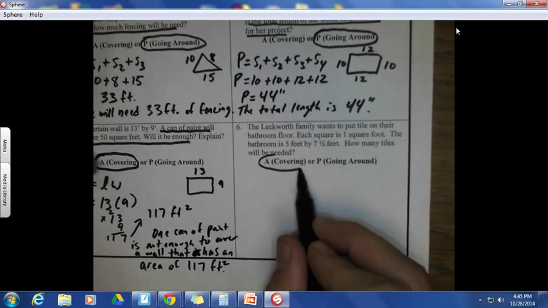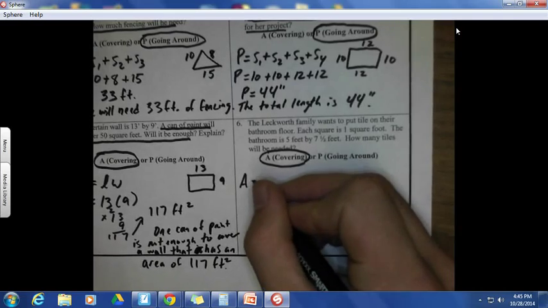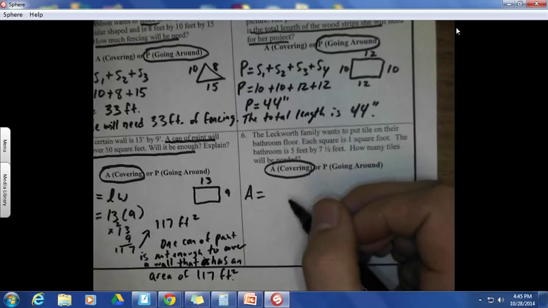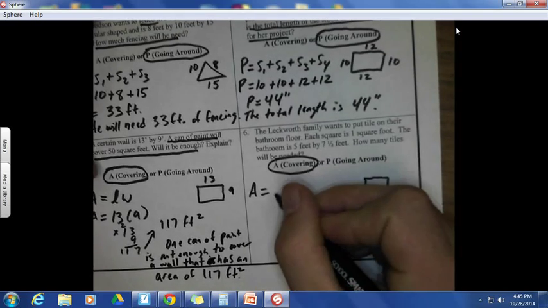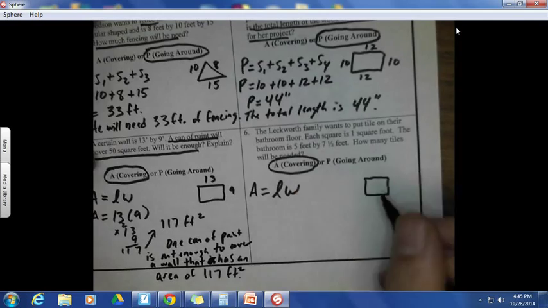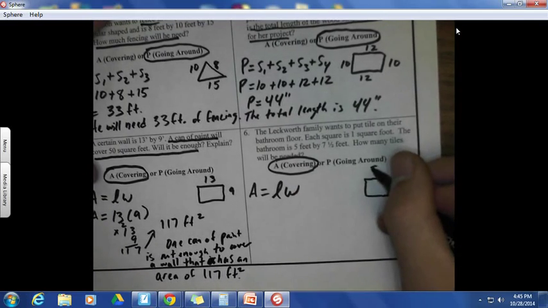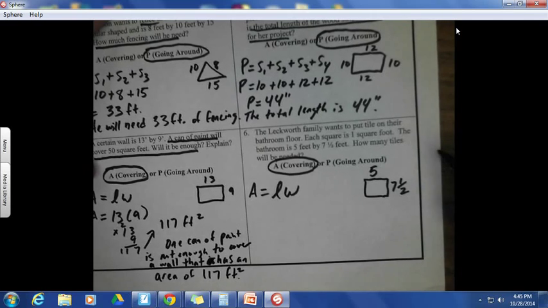We're covering because we're putting in a floor. So the formula for covering and a floor is just a rectangle or a square, a floor. The formula for the area of a rectangle or a square is length times width. Okay, and we have our length and our width, 5 feet by 7.5 feet.